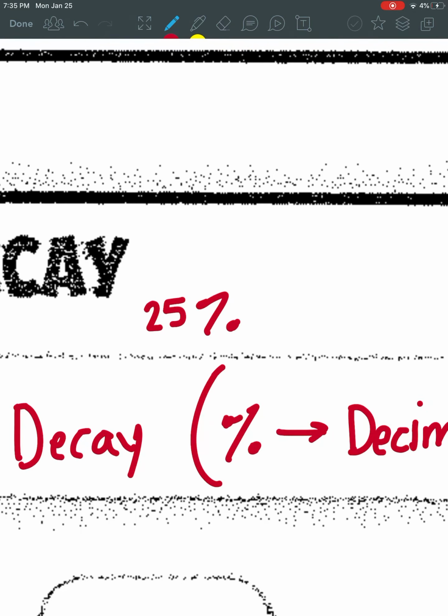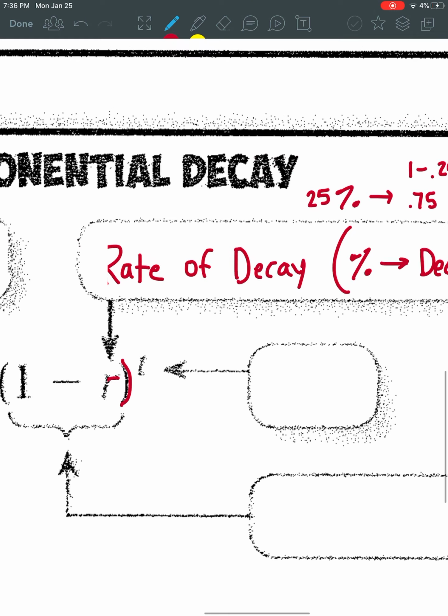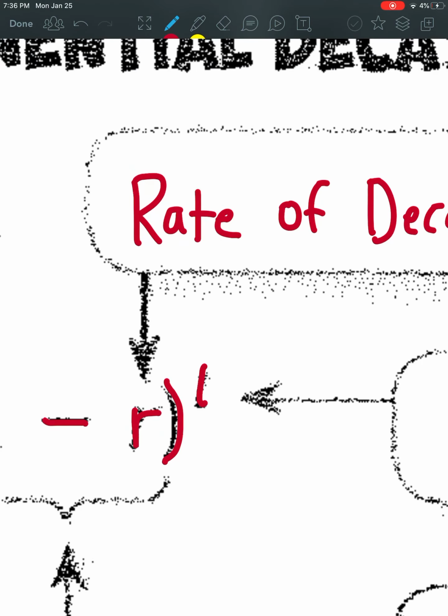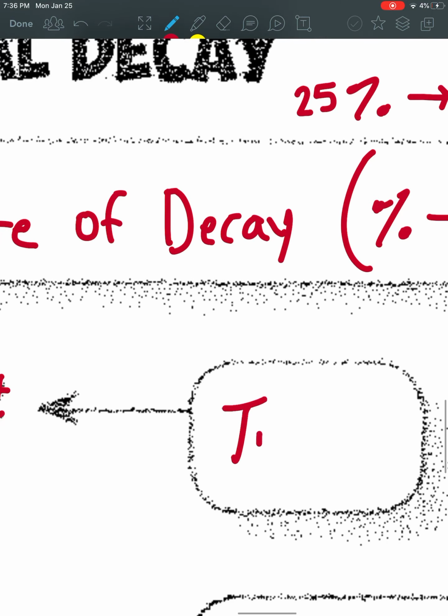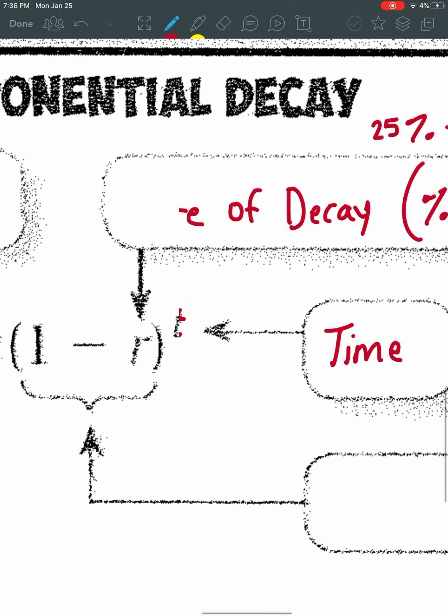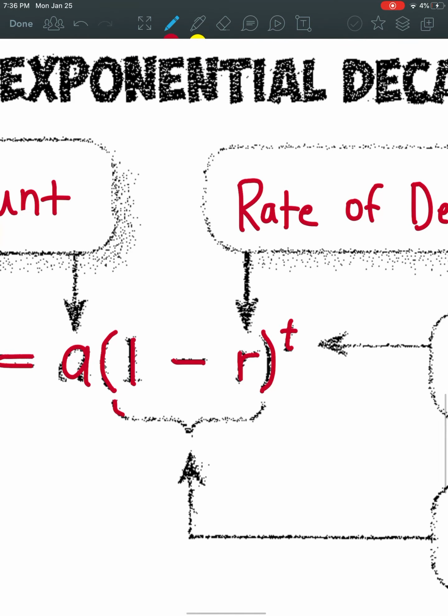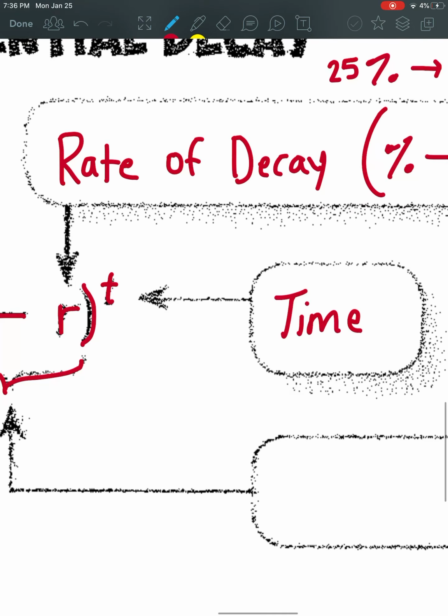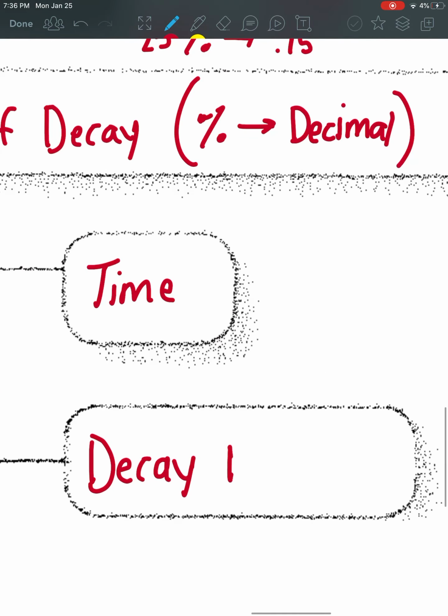So for example, that 25%, I'm going to use that same rate. So it would be 0.25, but instead we would do 1 minus 0.25. So our rate of decay would be 0.75. Okay? T still stands for time. And then instead of a growth factor, this is going to be our decay factor.